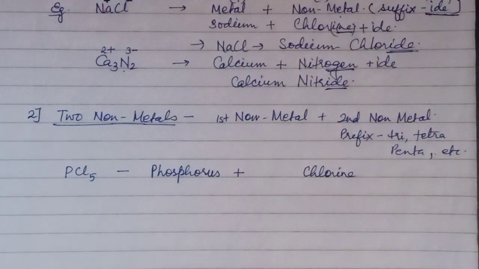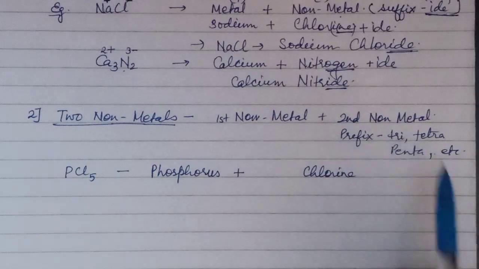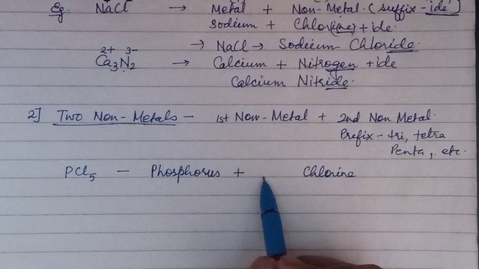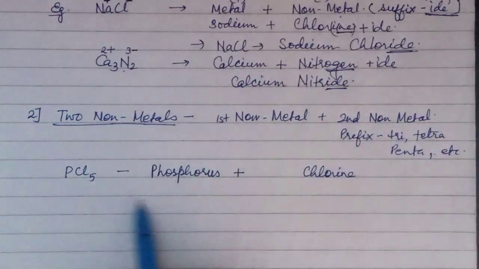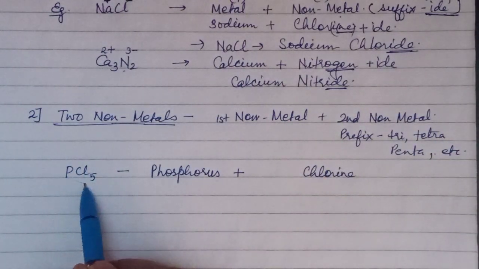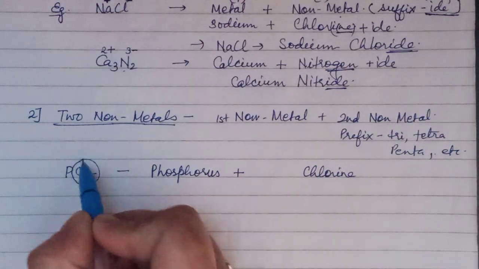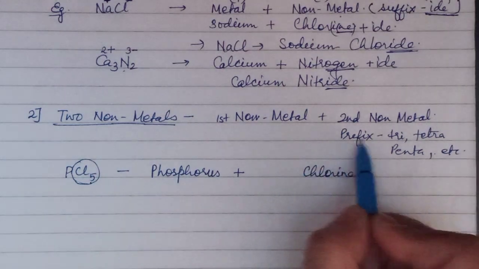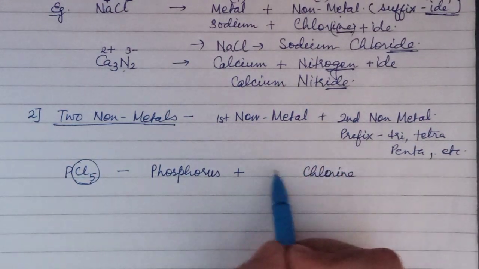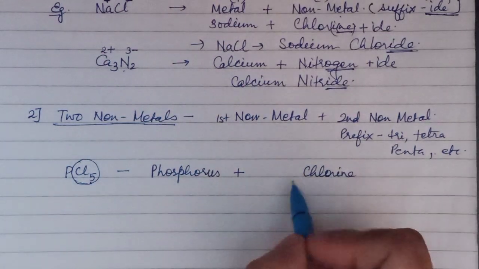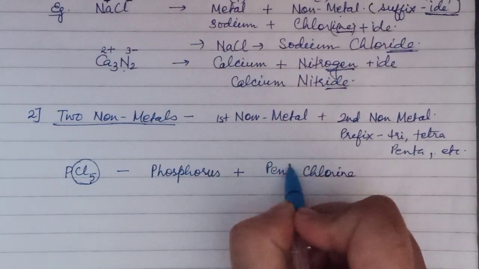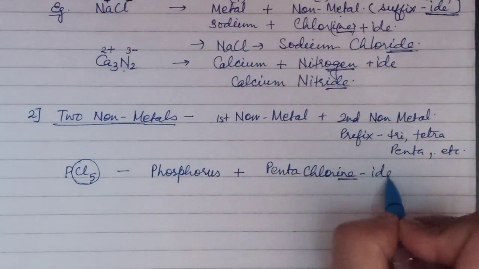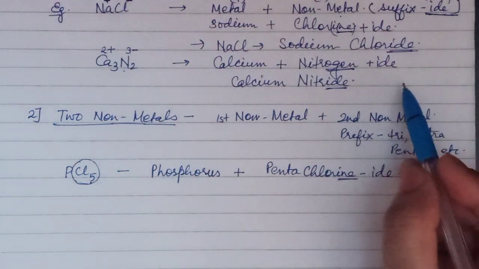Now you have to add a prefix also. Prefix means you have to write before the name the number of atoms it contains. So here, for chlorine, how many atoms of chlorine are there? 5. So you will write before the name penta, and chlorine will end with IDE, like the previous rule.